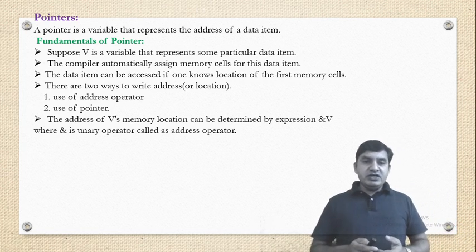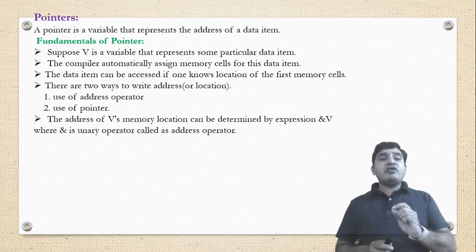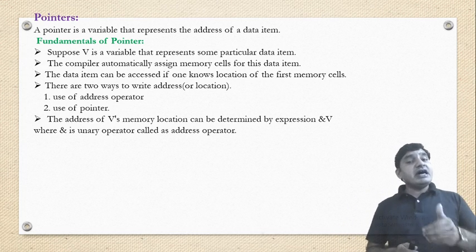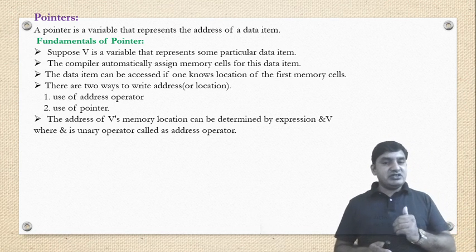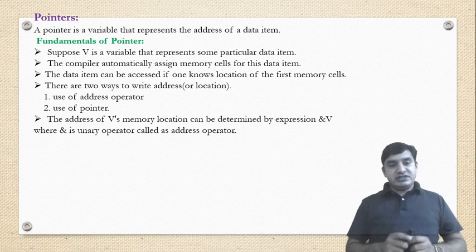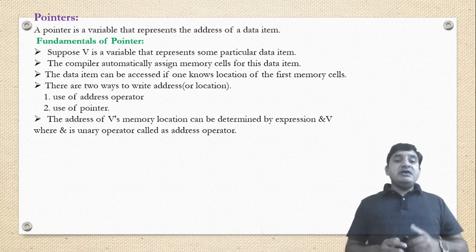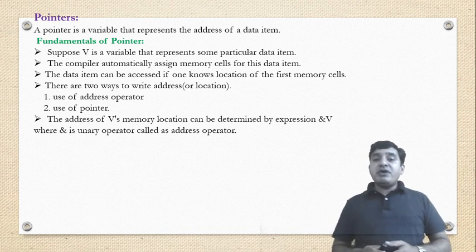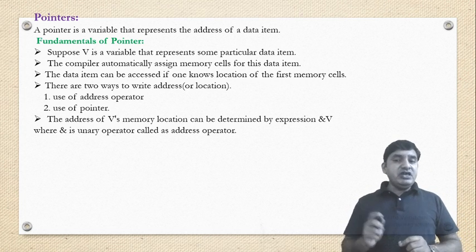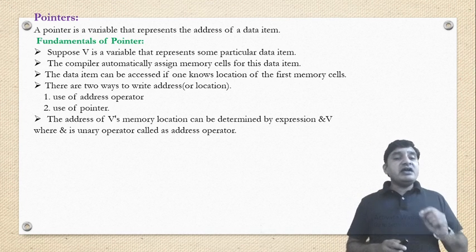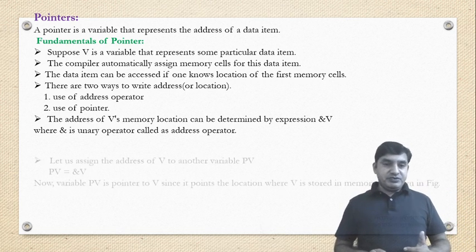There are two ways to write the address or location. First is the use of the address operator. We can use the address operator to write the address or location. The address of V's, that is the variable's, memory location can be determined by the expression &V, where V is a variable and & is a unary operator called the address operator.